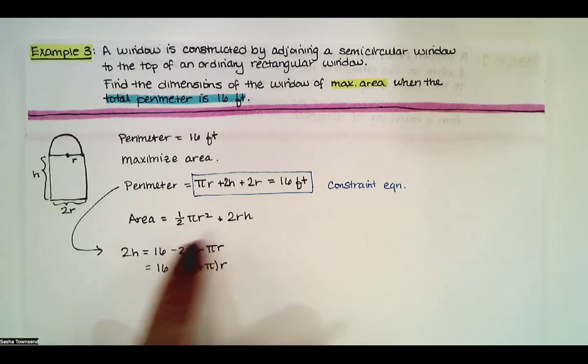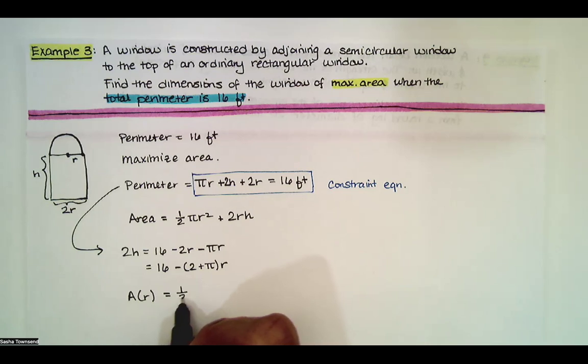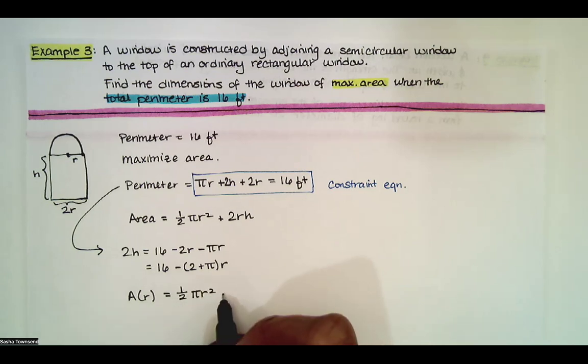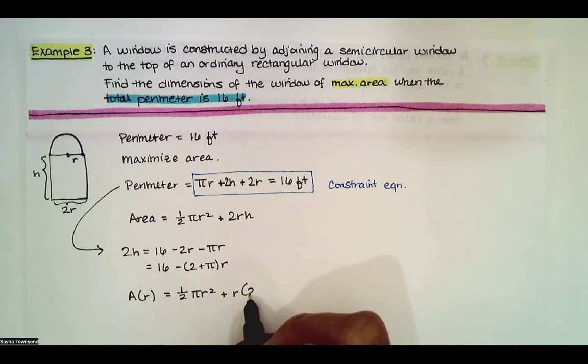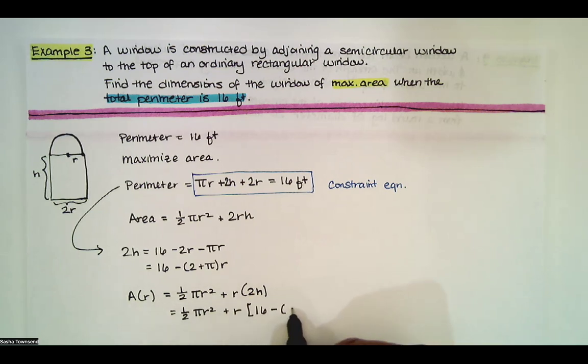And that area can be a function of r only. It's 1/2 pi r squared plus r times 2h. And 2h was 16 minus the quantity 2 plus pi times r.